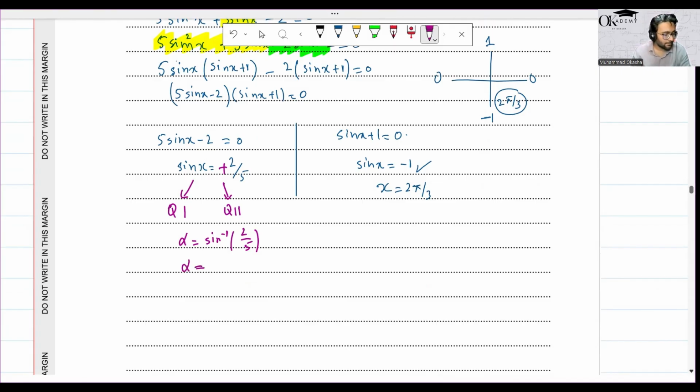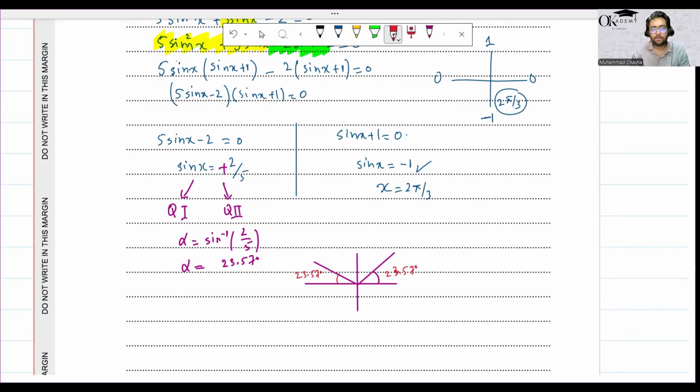Sine inverse 2 over 5, if I do that, I'm going to get 23.57 degrees. Now we said they're either in quadrant 1 or in quadrant 2. Let's see what these angles turn out to be. The actual angles or the principal angles will be in these quadrants. This is 23.57 degrees, and this is also 23.57 degrees.